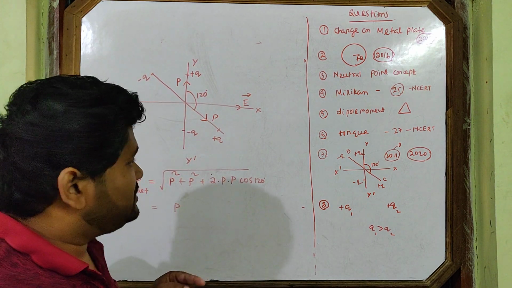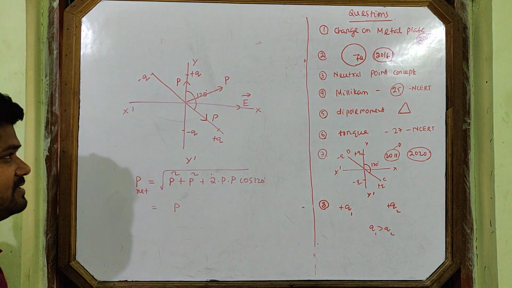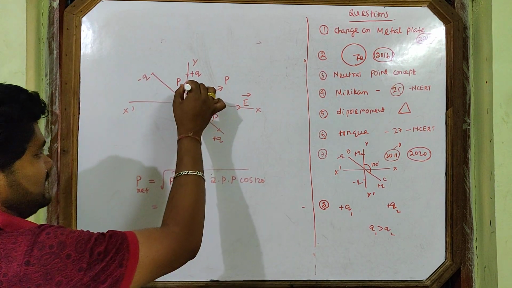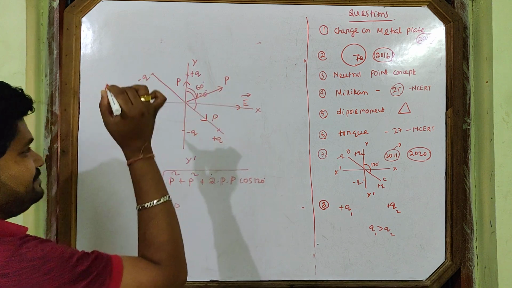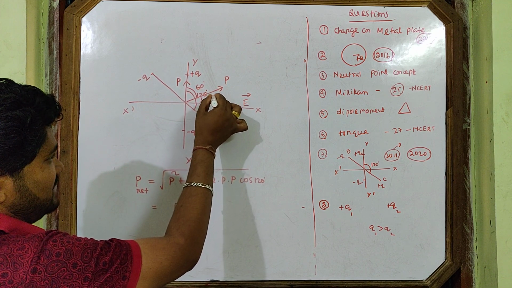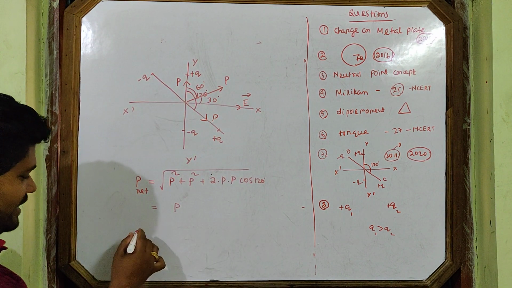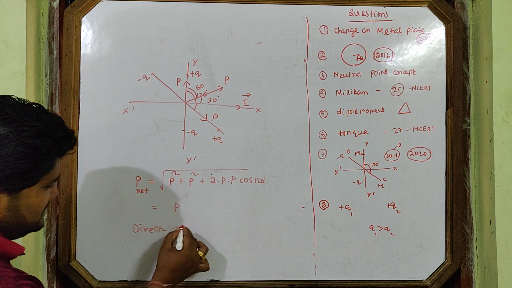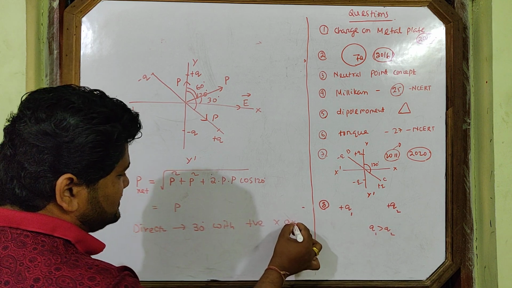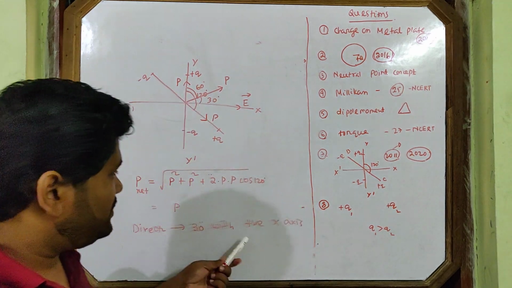According to the parallelogram law, the net dipole moment P goes in the middle, bisecting the 120 degrees. So this angle will be 60, and since the x-axis and y-axis are 90 degrees apart, this angle will be 30 degrees. So the direction is 30 degrees with the positive x-axis. This is the direction of the dipole moment.